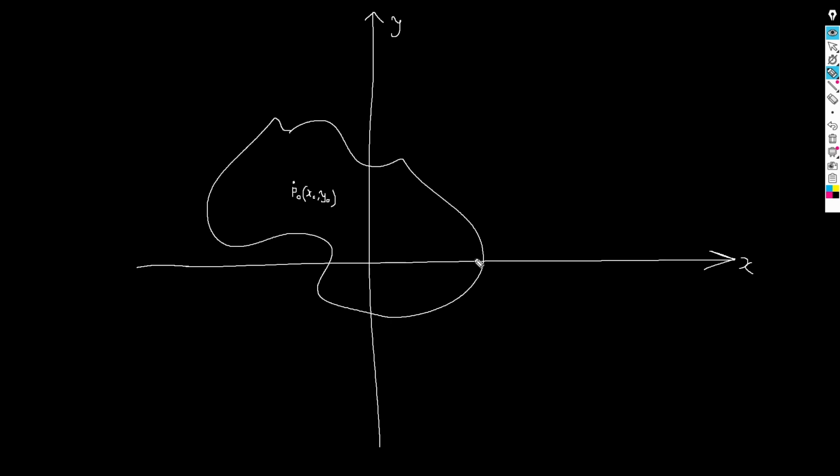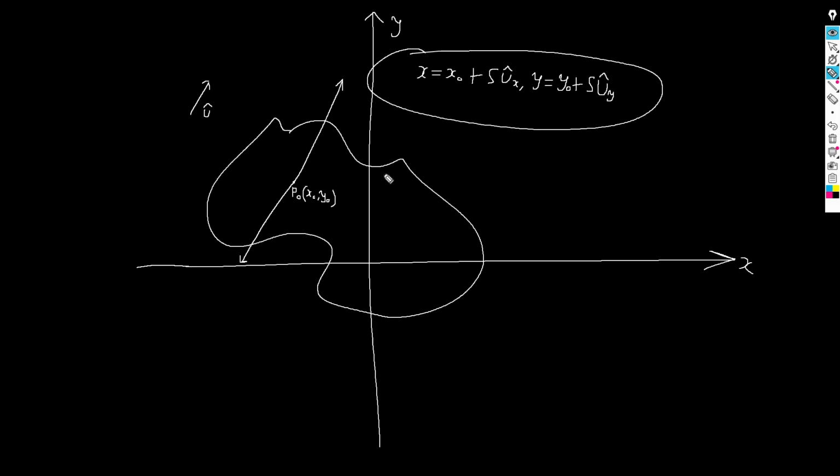So, let's say that there is a function f of x and y that is defined in a region R in the xy plane that contains this point P0. And any line through P0, let's say this one, can be parameterized with this set of equations, where s is the arc length parameter, and ux and uy are the components of this unit vector u.